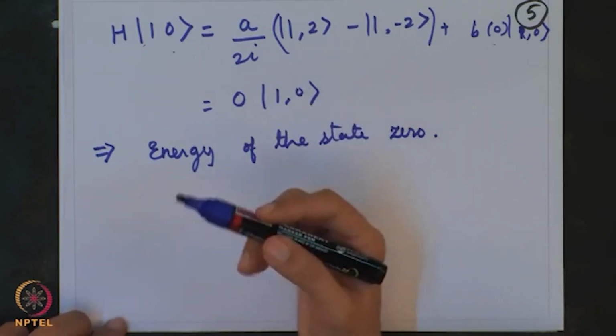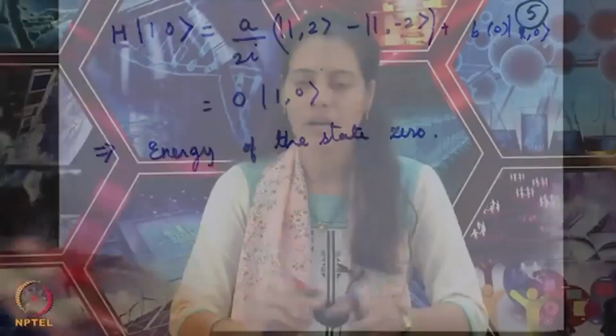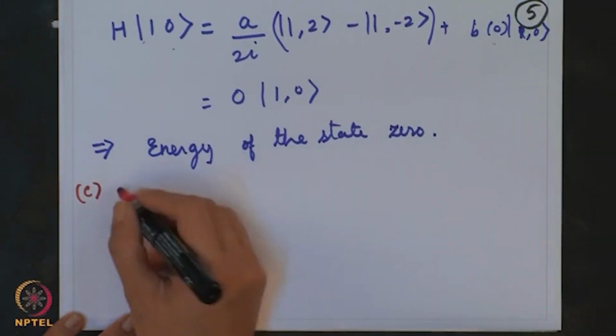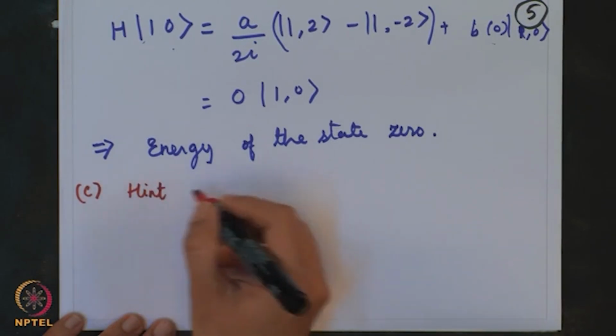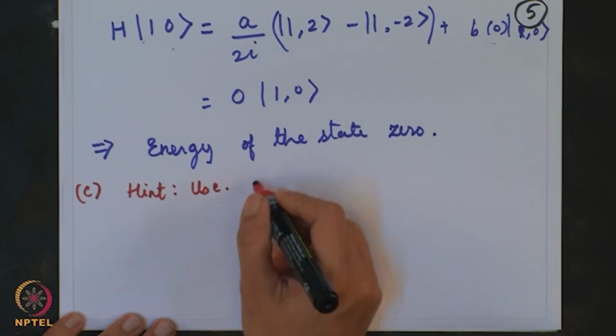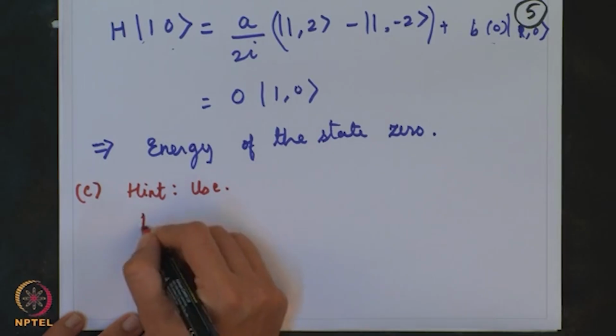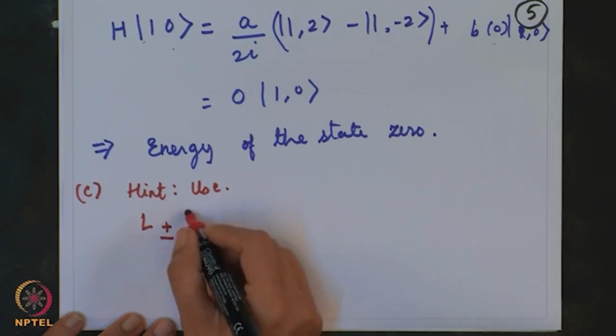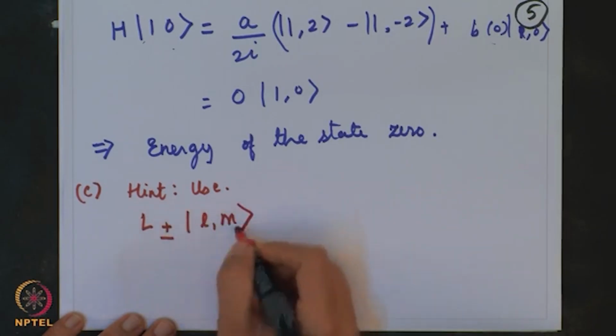Alright. Now, in the next part, that is the C part of the problem, you have to calculate the energy eigenvalue and the eigenvector. For calculating the eigenvalue and eigenvector, you need to know again some of the basic things. So, the hint here is you will use the following. L plus or minus, I can club them together.